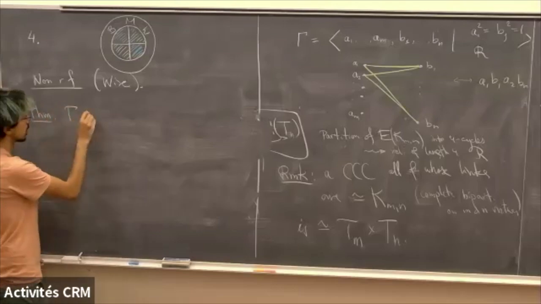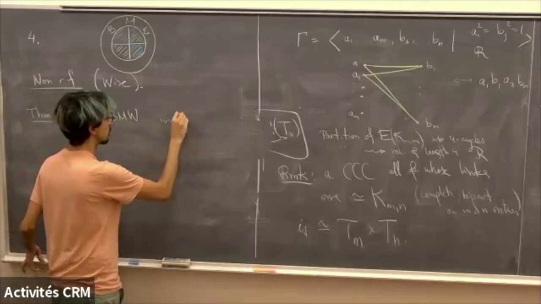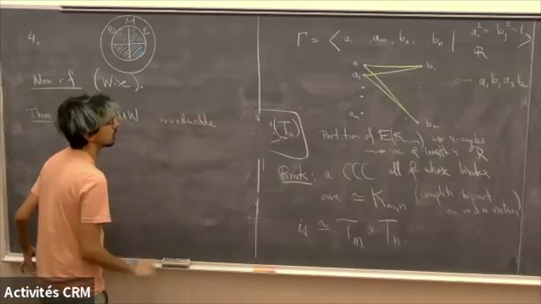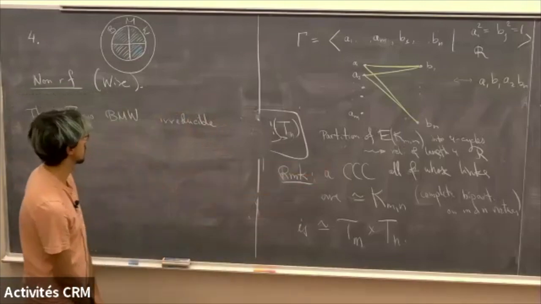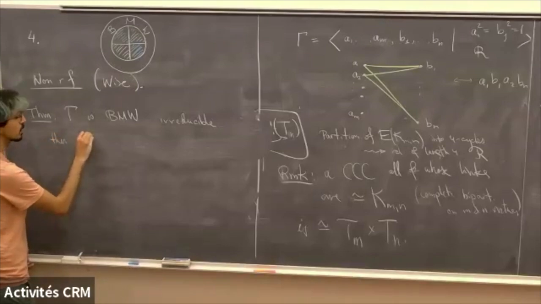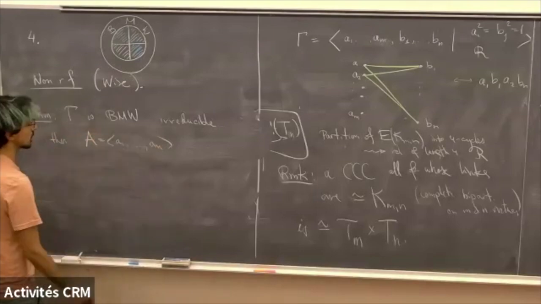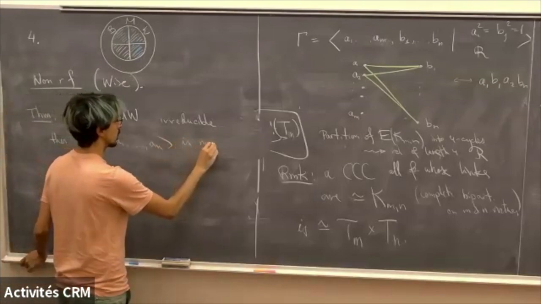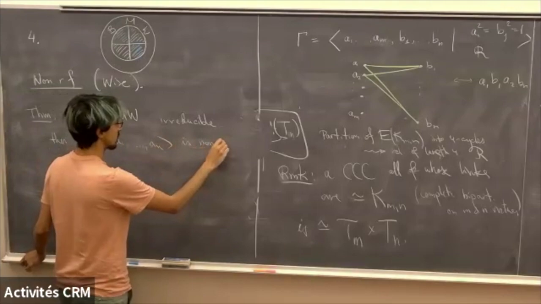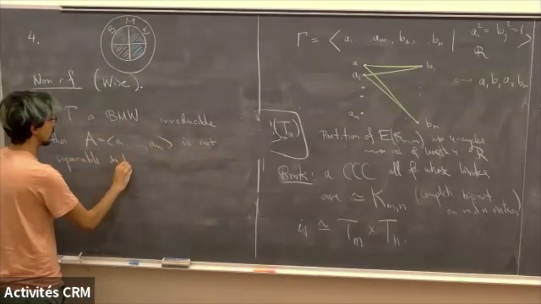If gamma is a BMW group which is irreducible, then the subgroup, let's call it A, and both A and B, but let's focus on A, is not separable in gamma.